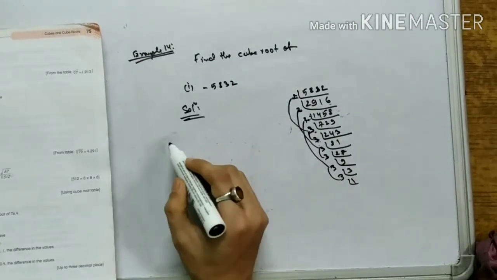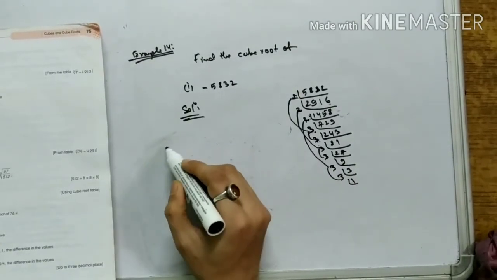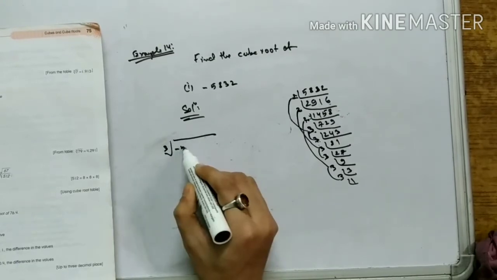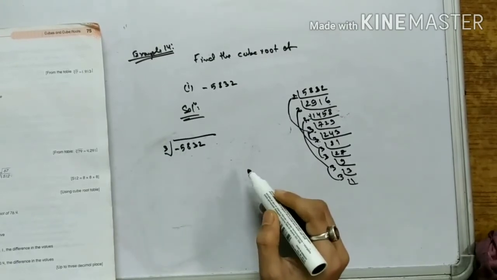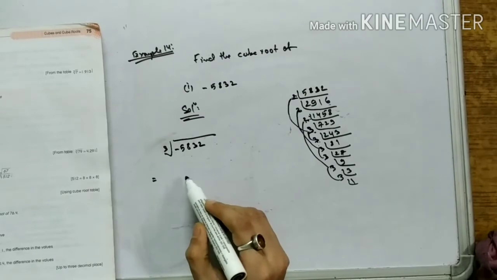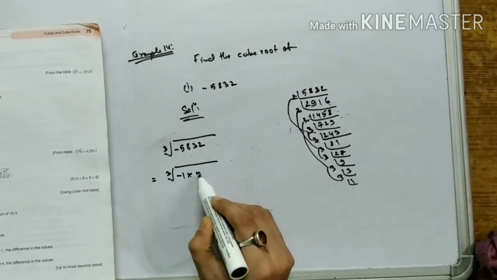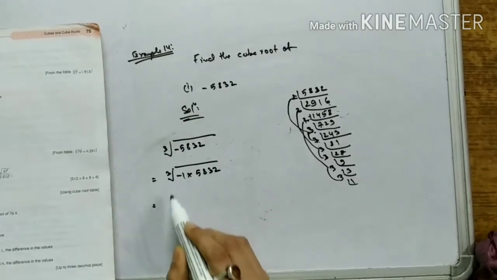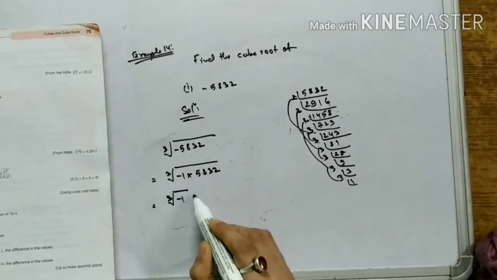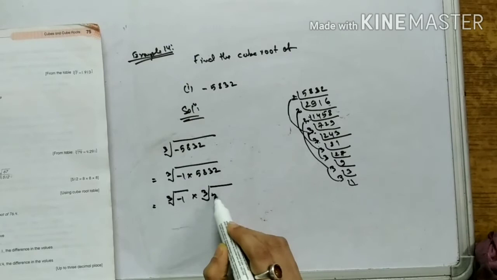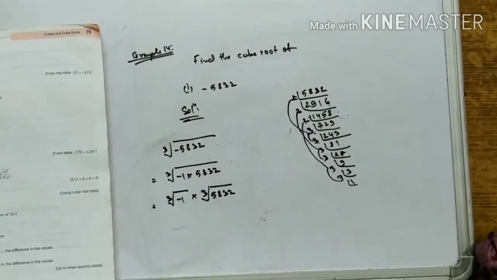So the cube root of minus 5832, this one I can write as minus 1 into 5832. So cube root of minus 1 into cube root of 5832.